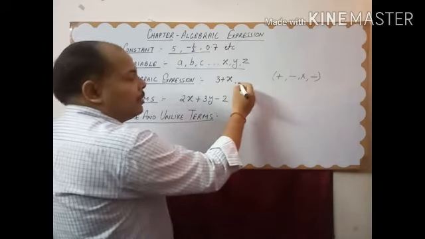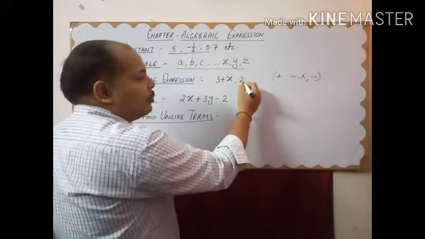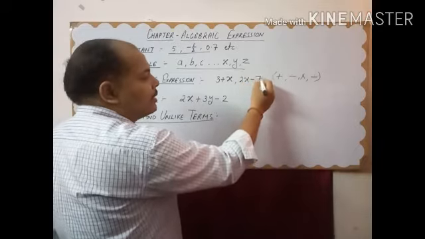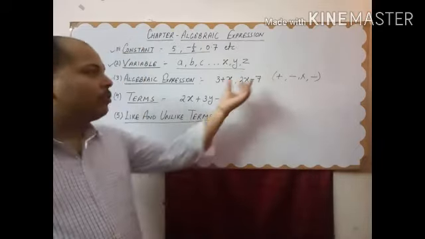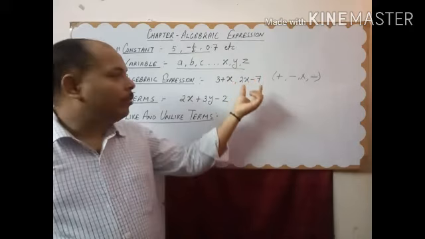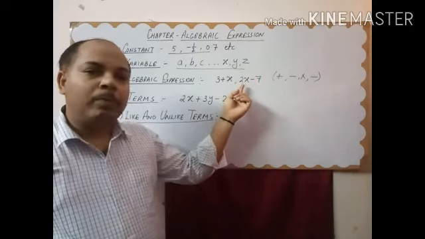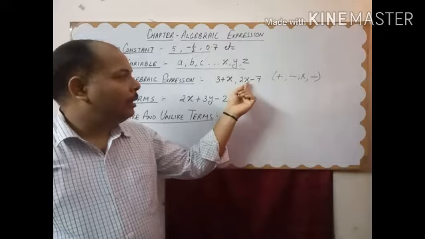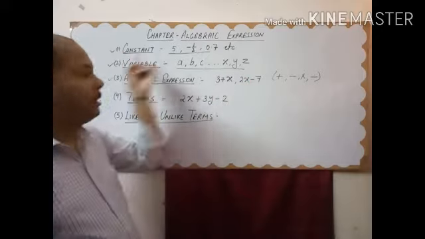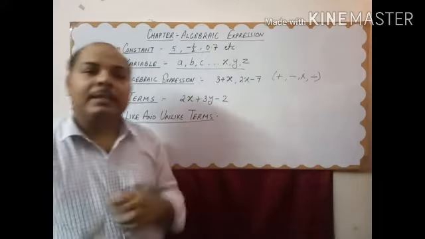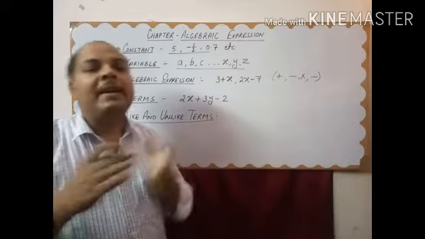Now a further example, suppose we write 2x minus 7. It is also an algebraic expression, because in this 2 and 7 are constants and x is a variable.